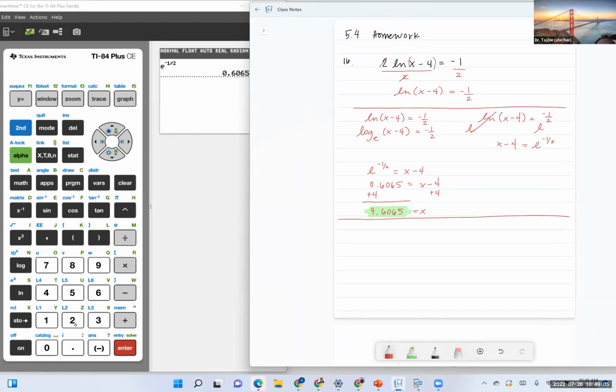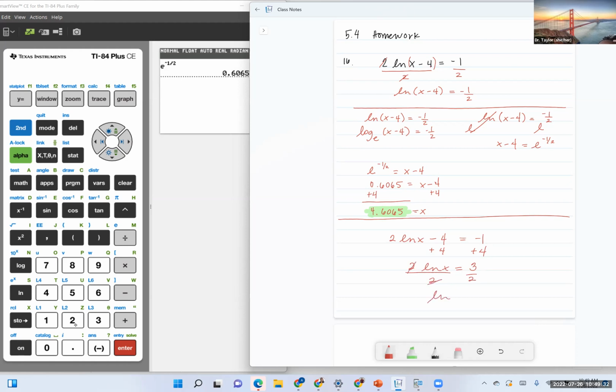Okay. So let's look at it as 2 ln, oh, no parentheses, sorry, x minus 4 equal -1. So then I would add 4 to both sides first to get rid of the plus. So then I get 2 ln of x equals, what is that, 3? Then divide by 2.